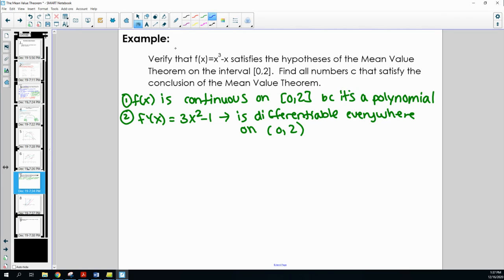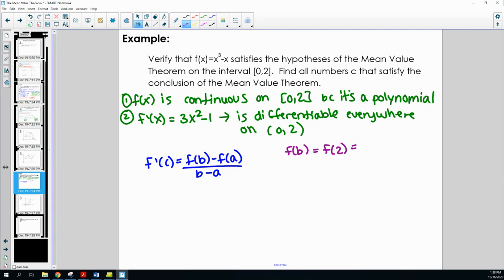So now I'm going to use the conclusion. f prime of c is equal to f of b minus f of a over b minus a. So the slope of the tangent line is equal to the slope of the secant line. So what I'm going to do is find f of b and f of a. f of b is going to be our right endpoint, so I'm really doing f of 2.